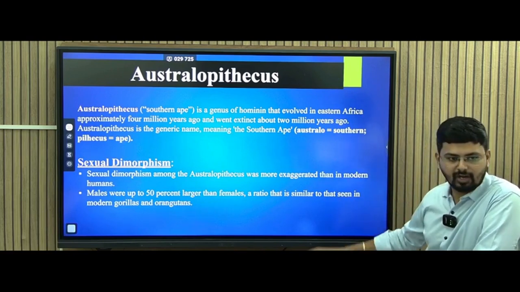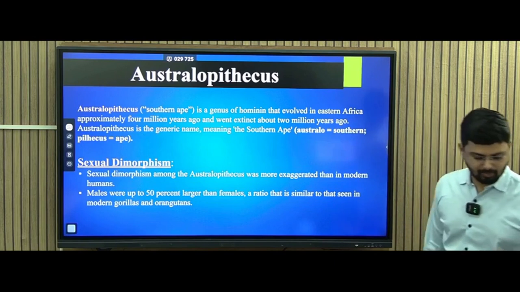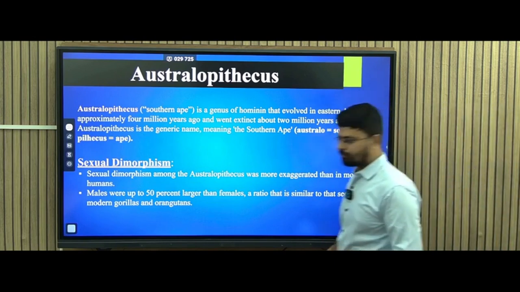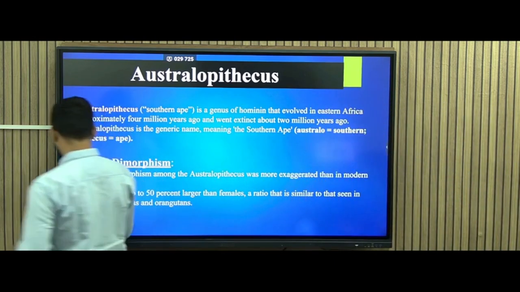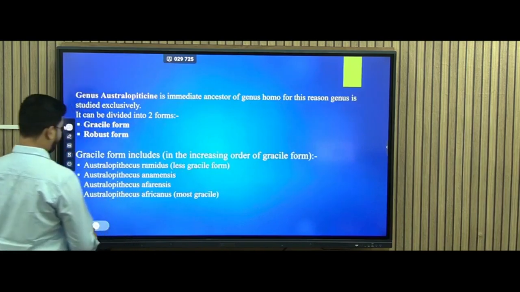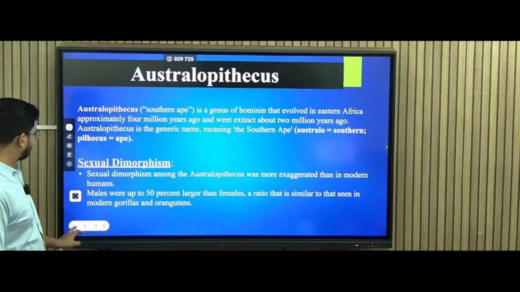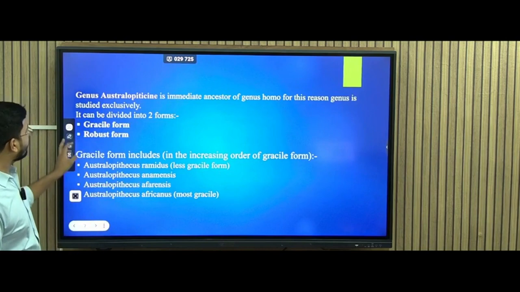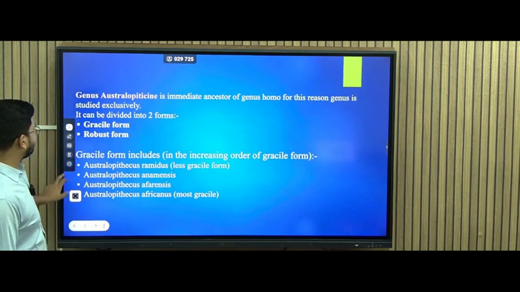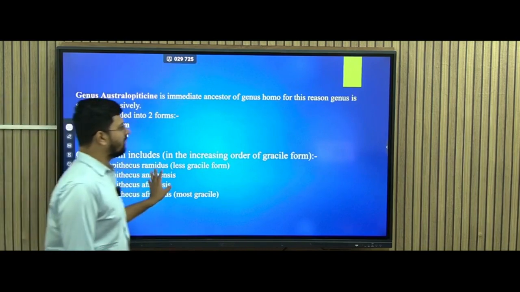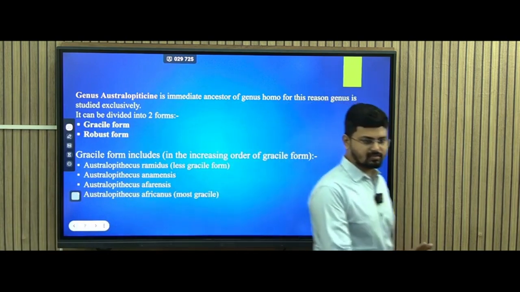This is sexual dimorphism. You notice sexual dimorphism within the fossils, right? So now if you notice, the genus is divided into two, gracile and robustus.